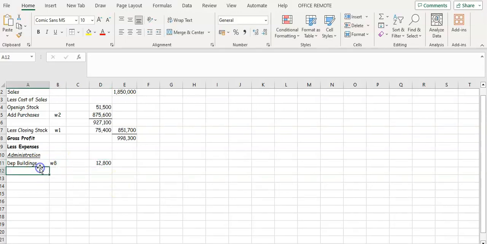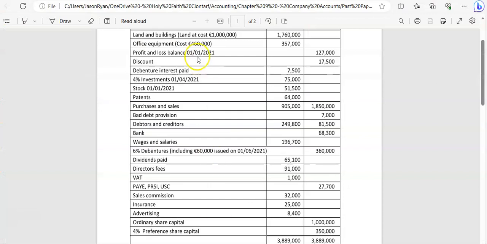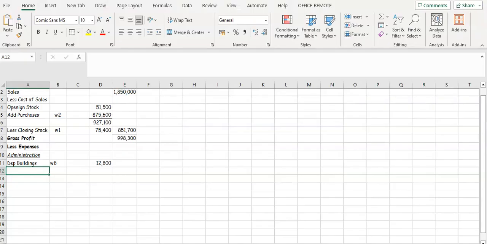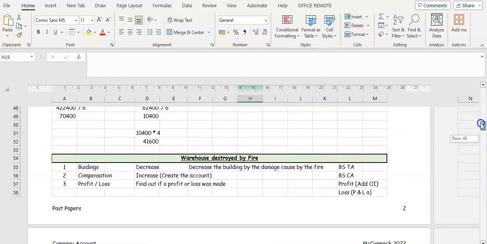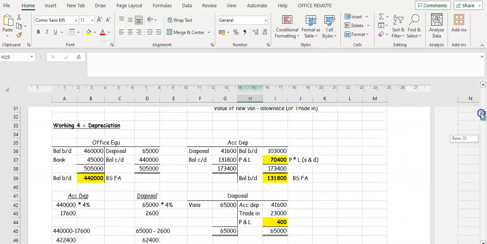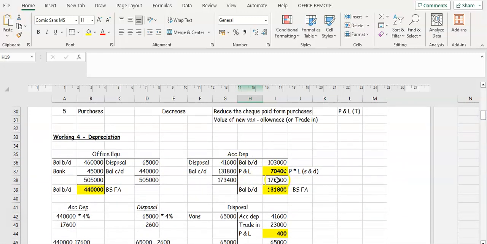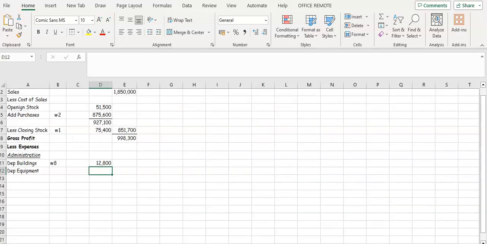Working 8. Next item then from our trial balance, office equipment. So depreciation from office equipment will also go in. And that's also in our workings. So you go back and have a look at our workings again for office equipment. So this here is 70,400, and that's working 4.